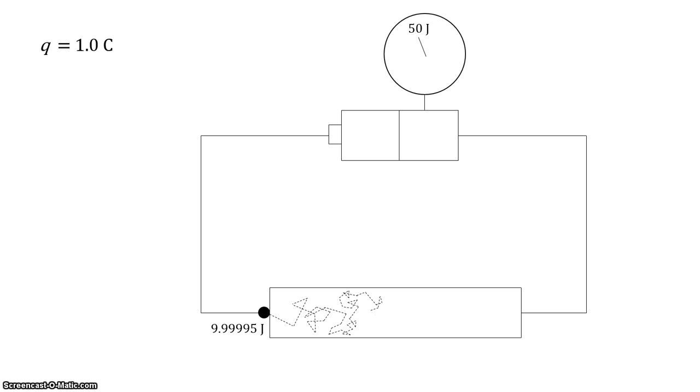The molecules are gaining kinetic energy, and by the time the charge gets to the other end, the charge has given almost all of its energy to the molecules through all of those many collisions. It has lost, in other words, nearly all of its potential energy. It only had 10 to start with.